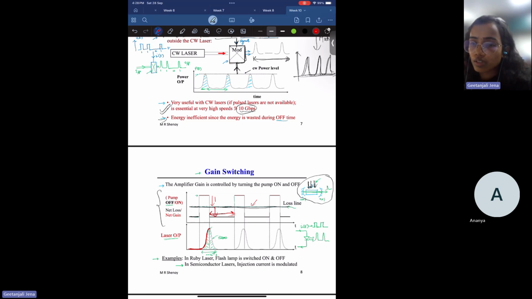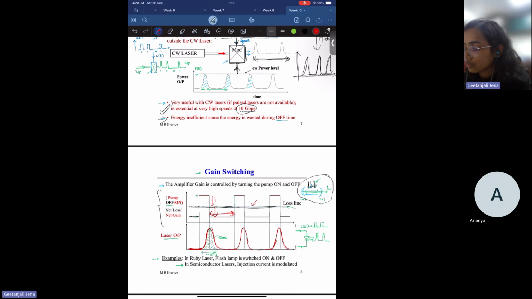So because of this switching of the pump, the laser output will gradually decrease over this off time, and this process will repeat periodically when you switch the pump on and off. In this way, you can generate a pulse output through this laser cavity.